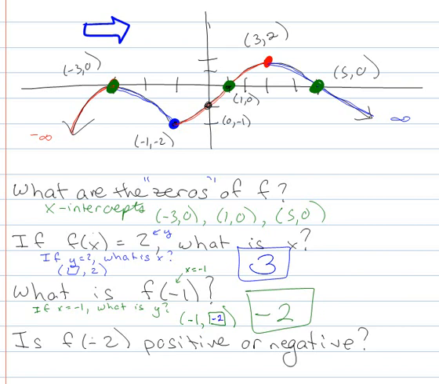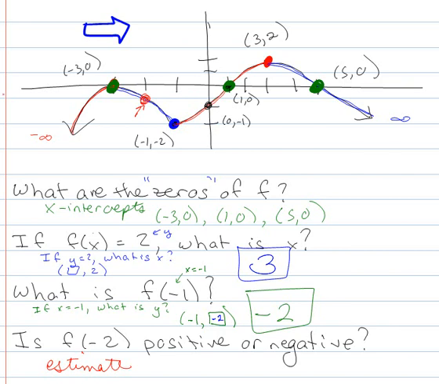Now, don't let this last question throw you. It's really not meant to be weird. The whole idea is, is this going to be positive or negative? When we're doing this, what we really want you to do is estimate. So we'll come over here and say, well, f of -2 is going to be right about here.